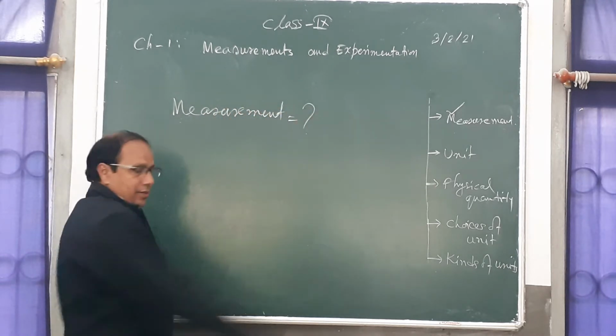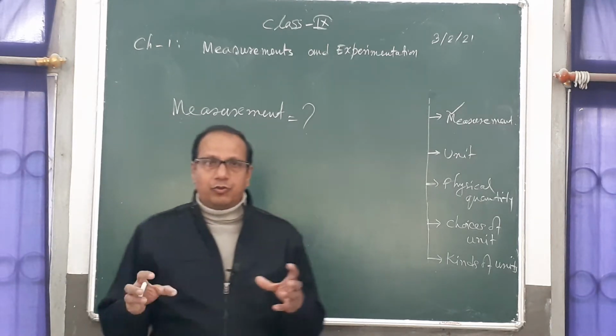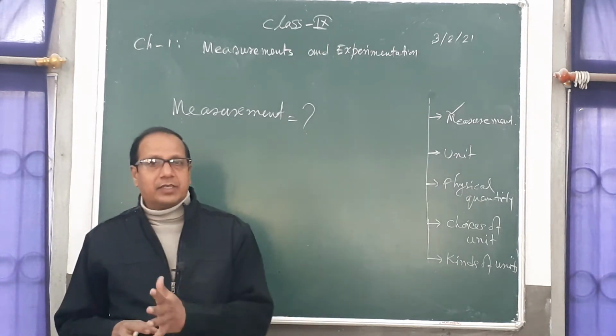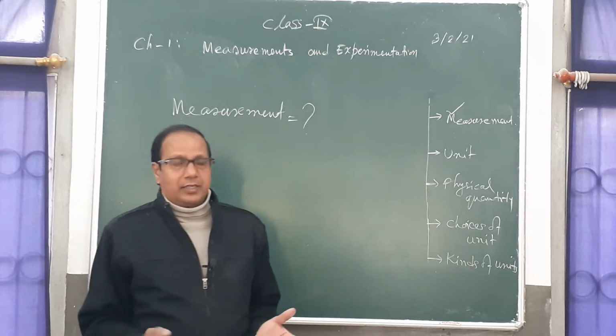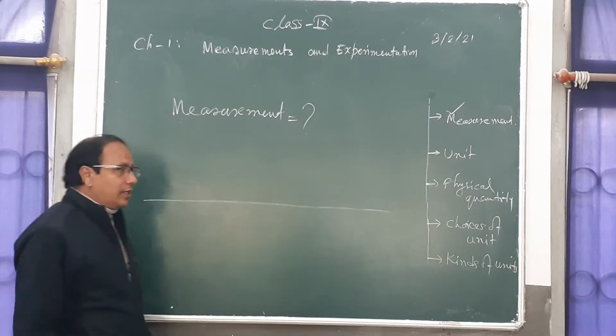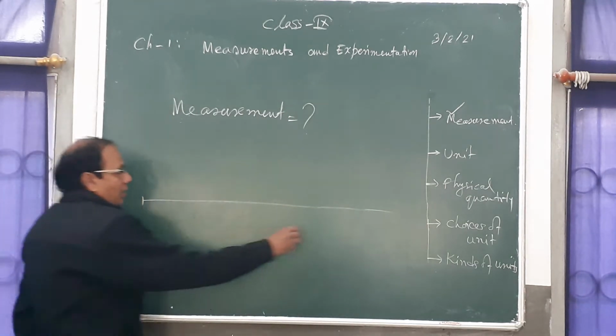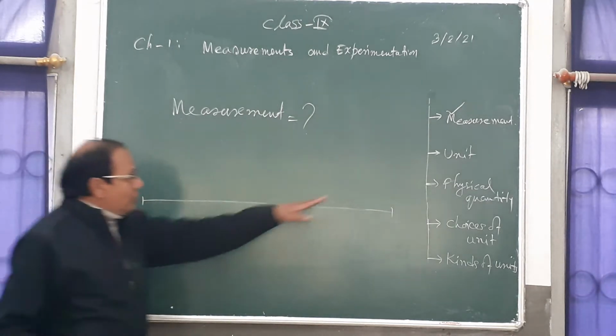What is measurement? In physics, most of the time we do some sort of measurement. So, measuring big devices or measuring the length of the room or measuring a string, we need to use some sort of unit.